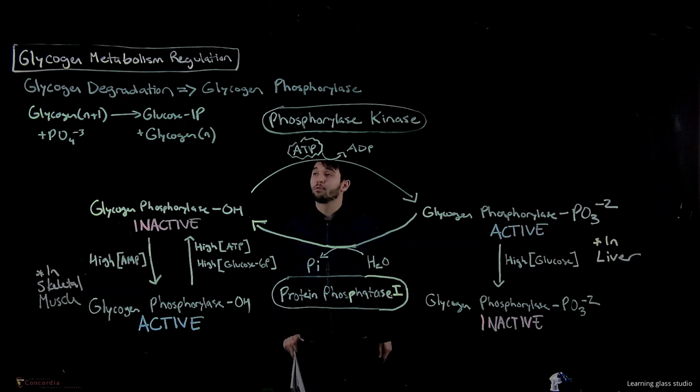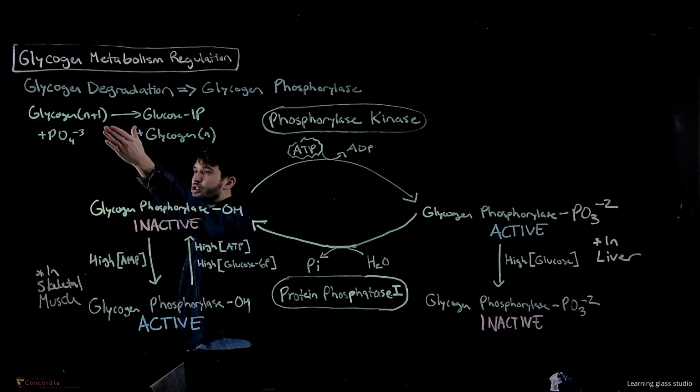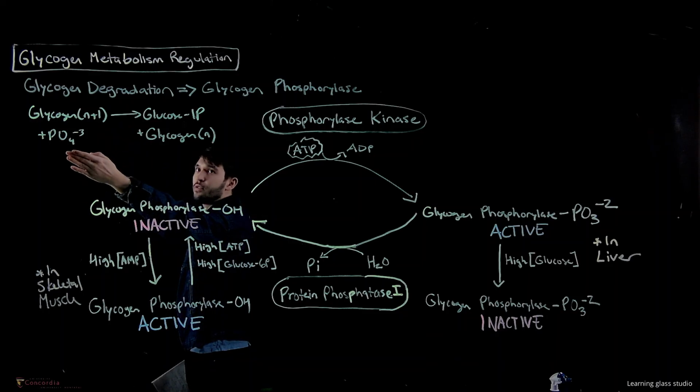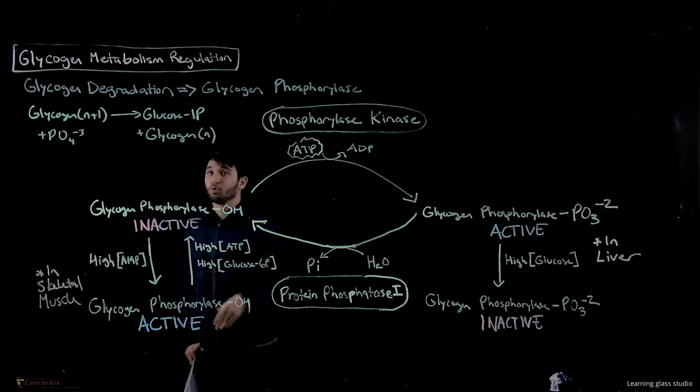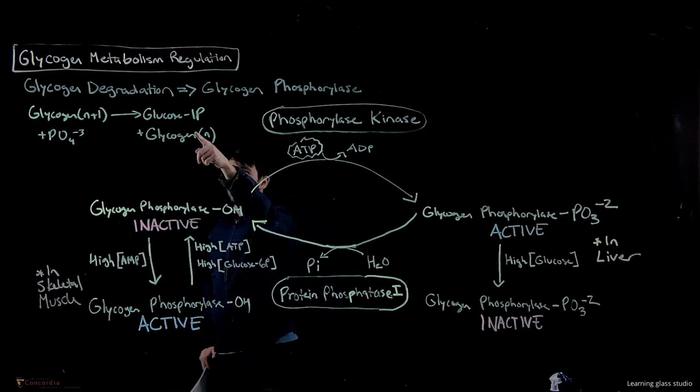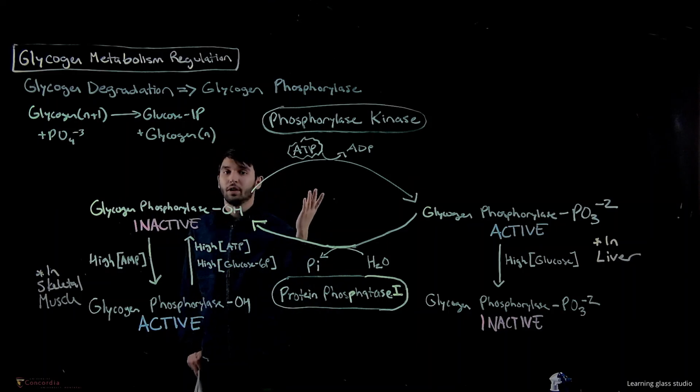So glycogen degradation is regulated at the enzyme glycogen phosphorylase. Okay, so what is glycogen phosphorylase doing? It's taking glycogen, adding a phosphate to it, which removes a single glucose from glycogen, so glycogen N+1 to glycogen N, and by phosphorylating a glucose, you get glucose 1-phosphate.